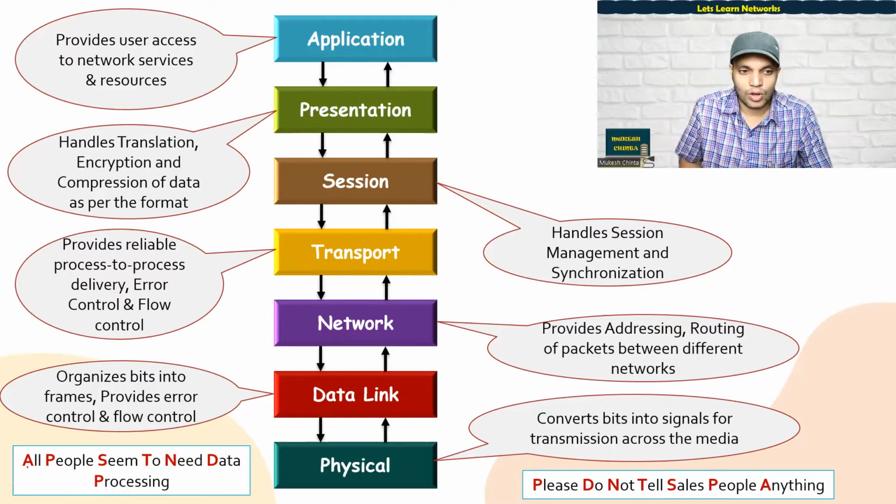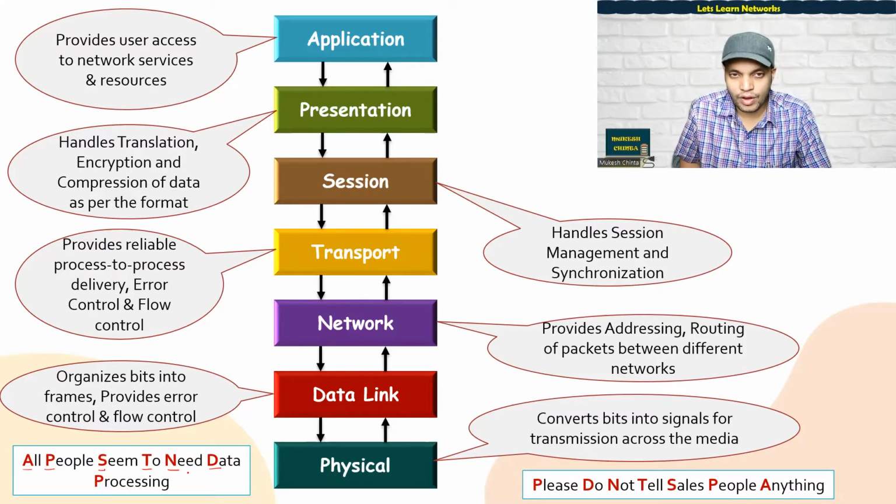A stands for application, P for presentation, S for session, T for transport, N for network, D for data link, and P for physical. This is one way of remembering, from a top-down approach. The other way, if you want a bottom-up approach, is this phrase: Please Do Not Tell Sales People Anything. Once again, physical, data link, network, transport, session, presentation, and application.